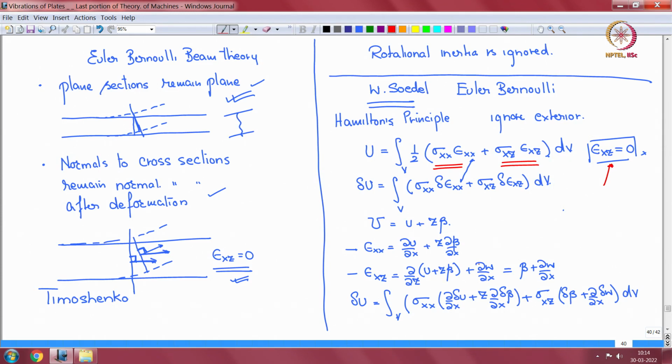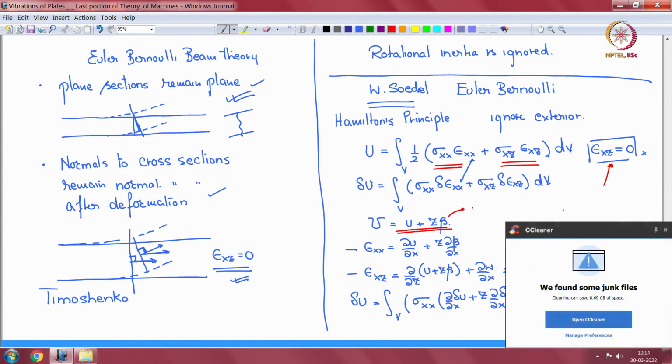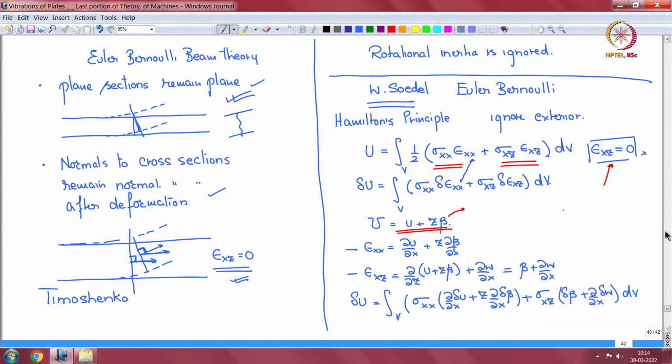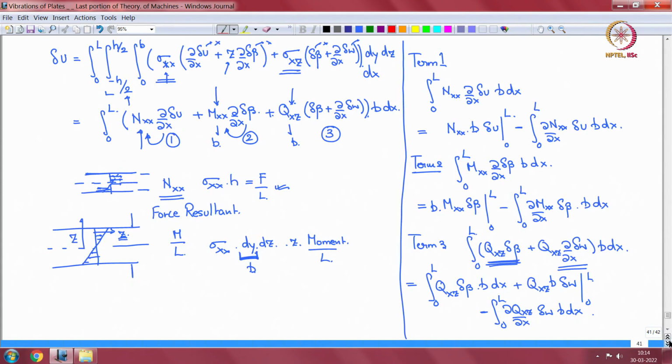So he continues with this displacement profile without specifying what beta is, and applies the variational principle.